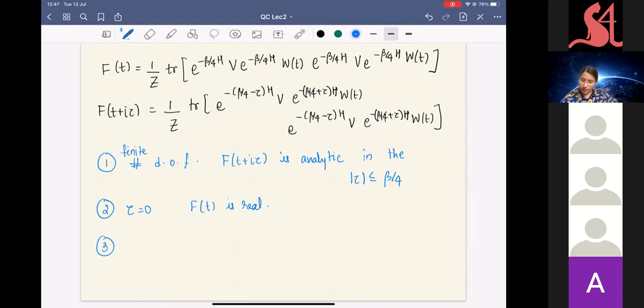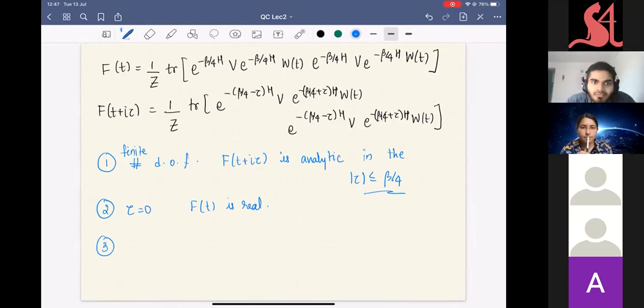This function doesn't have any singularities in this region, basically. Is there any way to see that? I think it's some argument along the line of energy eigenstates: all the exponentials are suppressing factors if tau is less than beta by 4. I see. Okay.